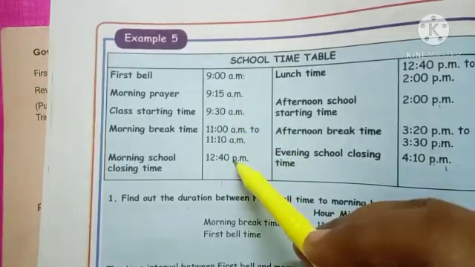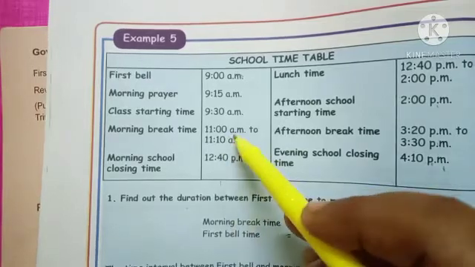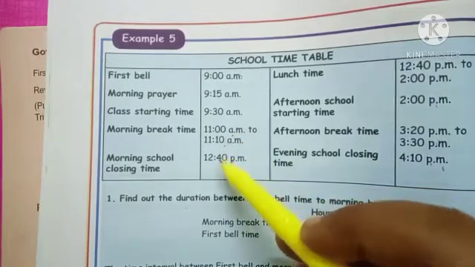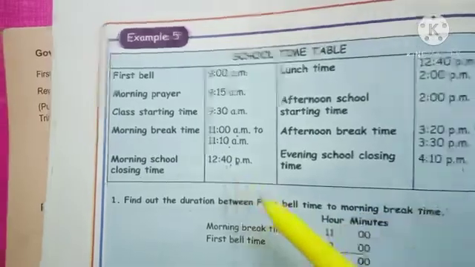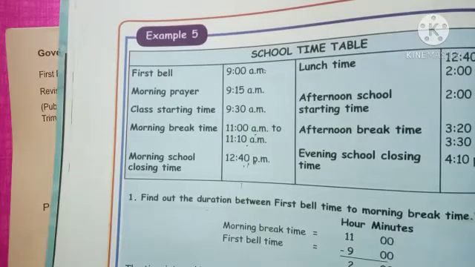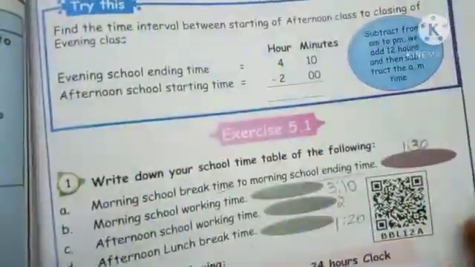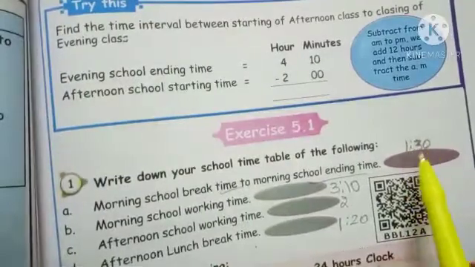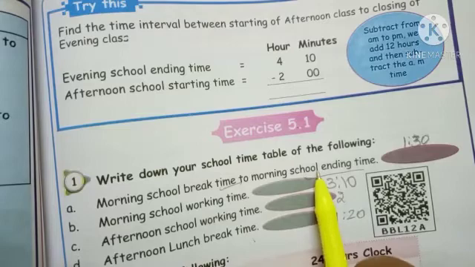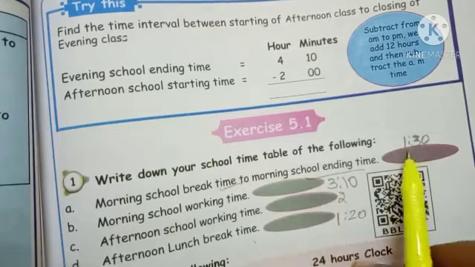But here the question asks for break time to school end time. So break time is 11:10. From 11:10 to 12:40, you get the time interval of 1:30, 1 hour 30 minutes. So I write the answer 1 hour 30 minutes for morning break time to morning school ending time. Okay, 1 hour 30 minutes.